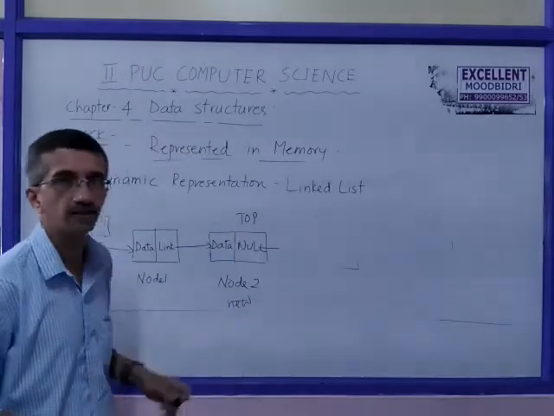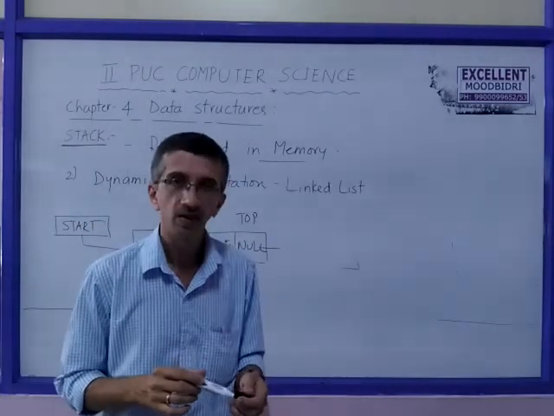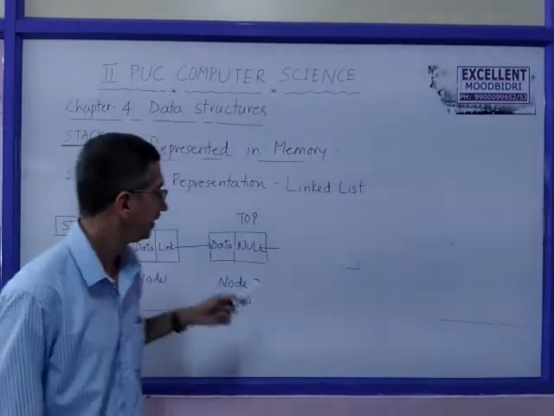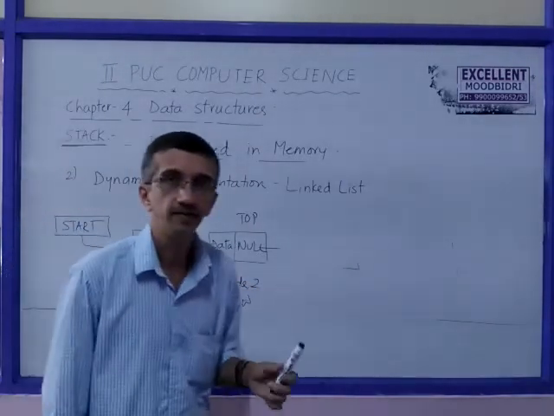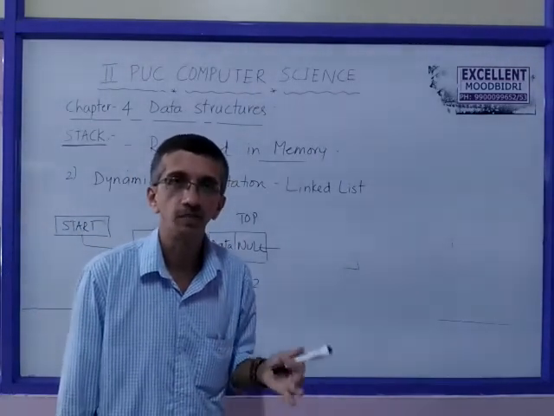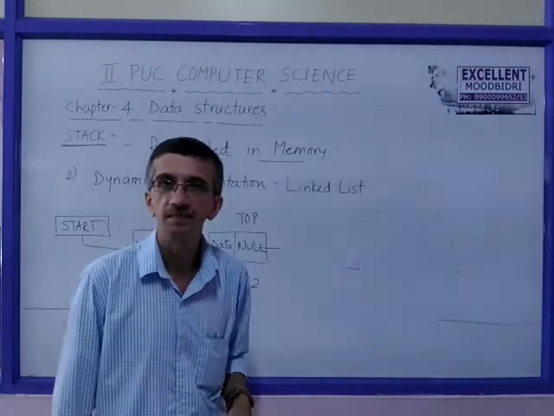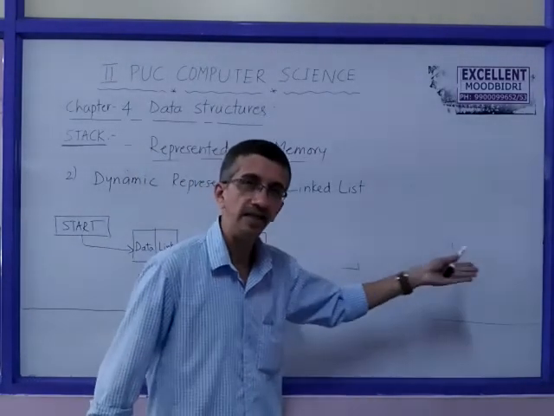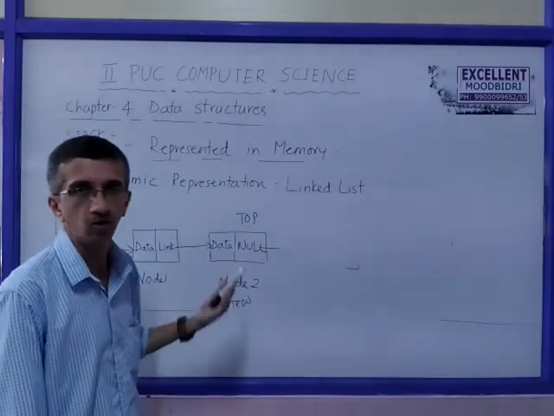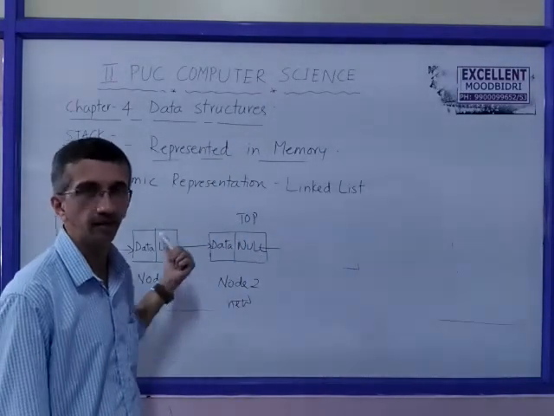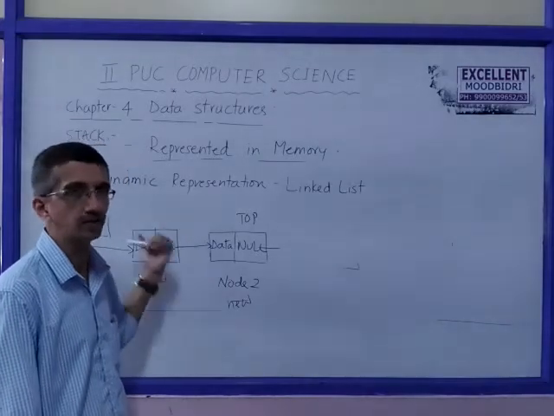So the linked list contains only 2 nodes. So here also, by manipulating the links, the pointers, it is possible to insert items into the linked list at the top end, and delete nodes from the top end, with top getting decremented to the previous node like this.